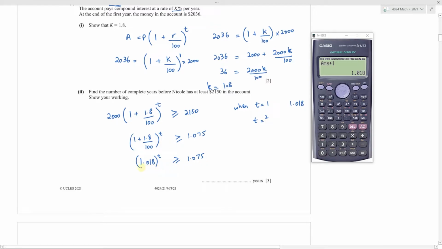You don't have the same base here that you normally get while solving some of the questions in this Mathematics D for O level, where you have something like 27 power k is 3 power 2, where you can make the base the same on both sides and then compare the powers directly. You don't have it here, so you have to do it through trial and error. So let's do it.